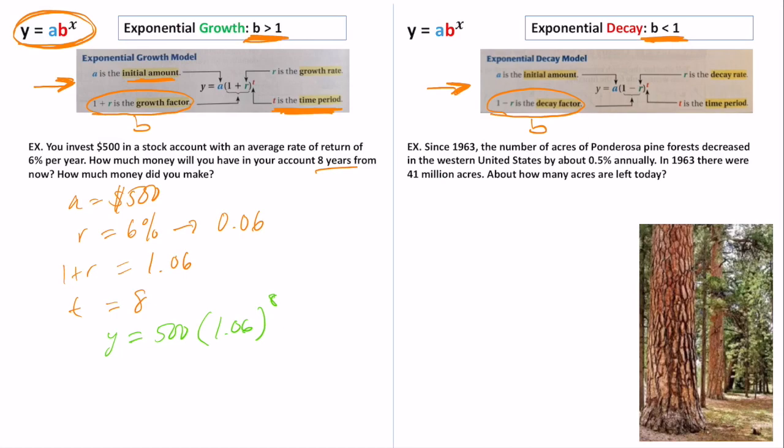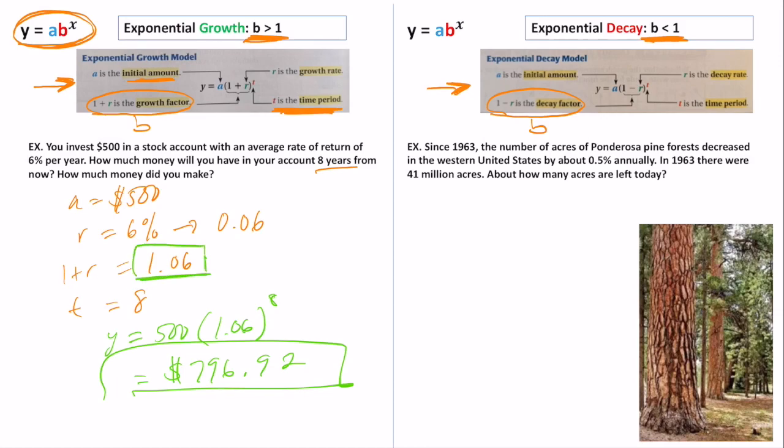We have 1.06 to the 8th power, and we multiply that by our 500, and we get $796.92. And notice it grew because our B, our growth factor, was bigger than 1. 1.06, even though it's close to 1, is still bigger than 1.